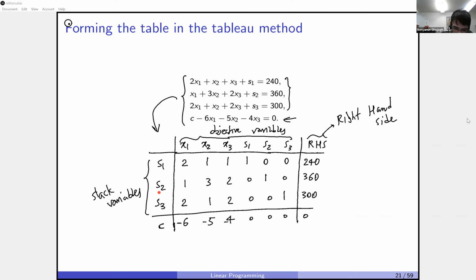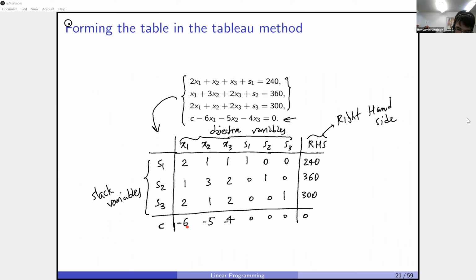For the second inequality constraint, you say 1x1, 3x2, and if you had changed the order of x2 and x3 here, you should change the order here too. Be careful. So 3x2 plus 2x3 plus 0s1, we don't have s1 here, plus 1s2 plus 0s3 equals 360.